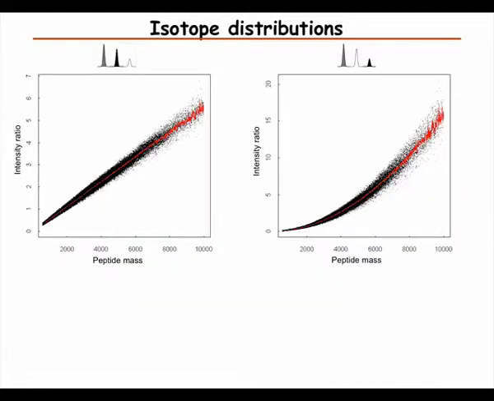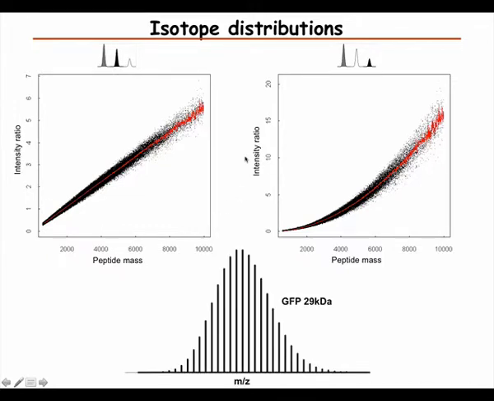So if we do that, we can get the intensity ratio between the second isotope and the first one. That increases linearly with mass as expected from binomial distribution, and the ratio between the third peak and the first peak is quadratic.